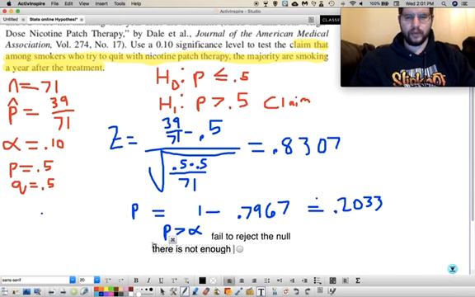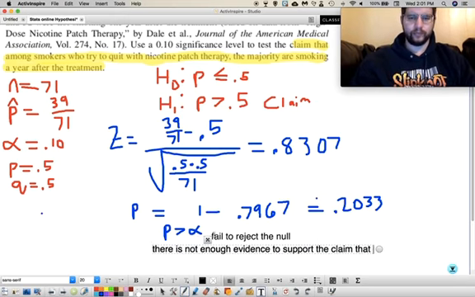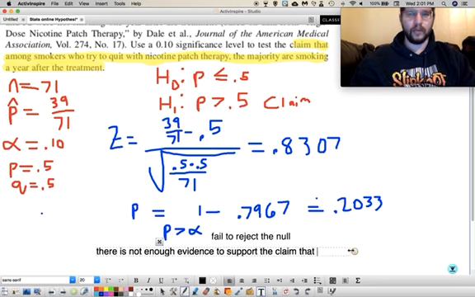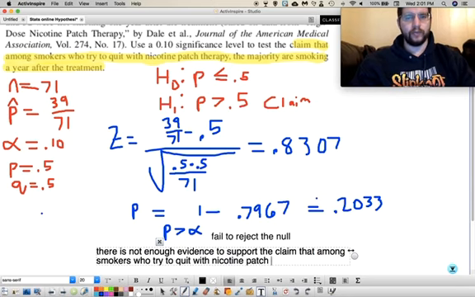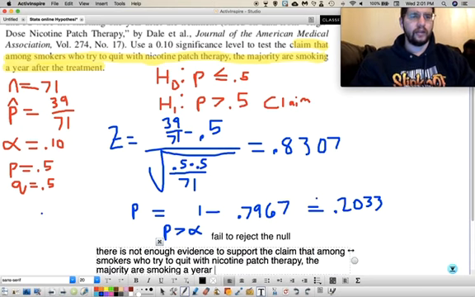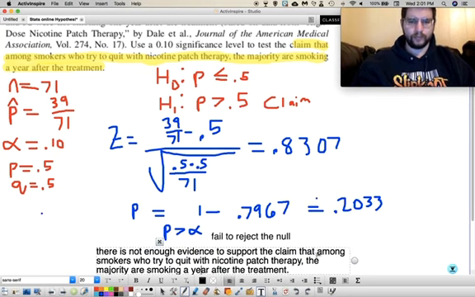There is not enough evidence to support the claim that among smokers who try to quit with nicotine patch therapy, the majority are smoking a year after the treatment. So that would be our conclusion.